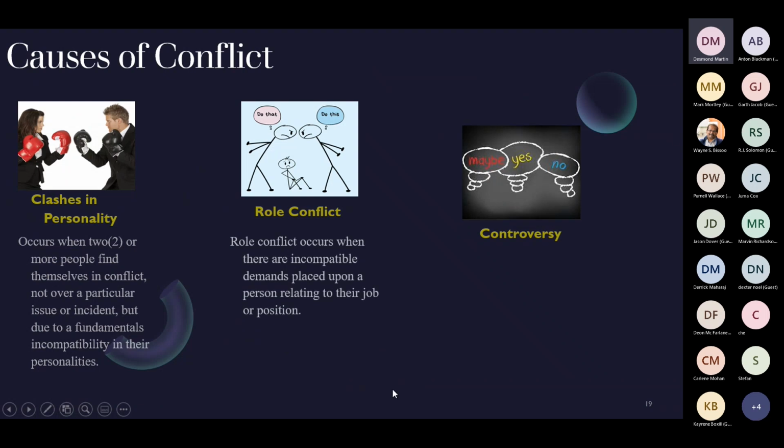Role conflict occurs when there are incompatible demands placed upon a person relating to their job or position. And controversy refers to differences in ideas or opinions.